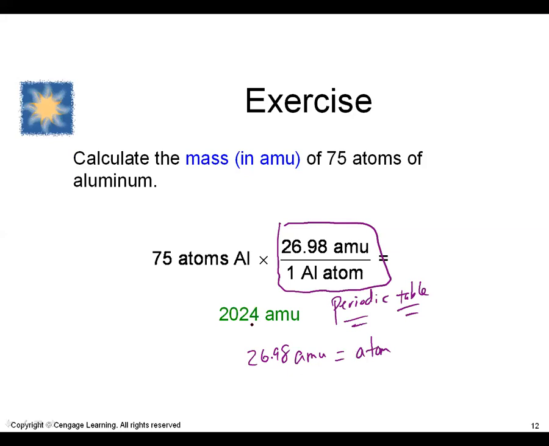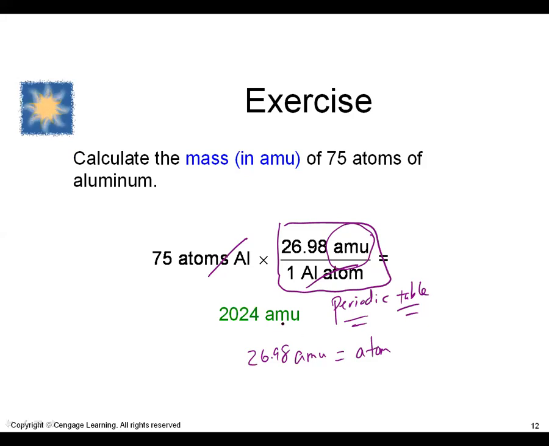And that's how you would use it as a conversion factor. Here again, the atoms would cancel, and that would leave you with AMU left over. And if I grab my calculator, there it is, 2024 in terms of the AMU.